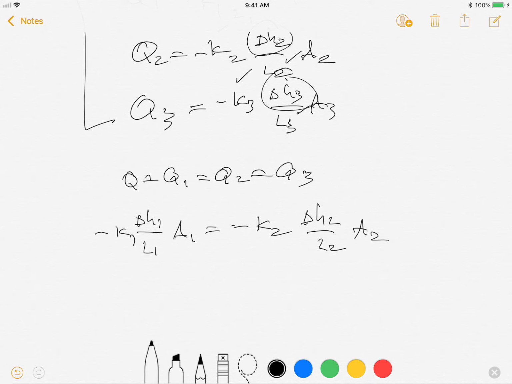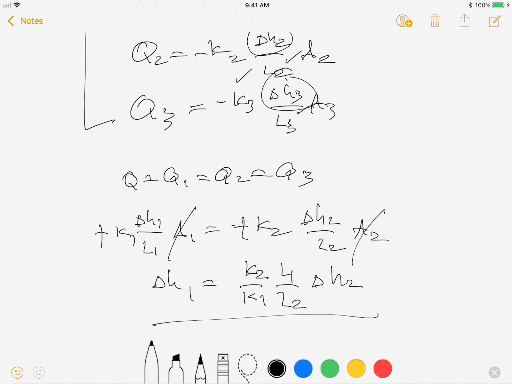The areas are all the same, so those cancel out, and both sides are negative, so they'll both be positive. So now delta H1 is equal to L1 divided by L2 multiplied by K2 over K1 multiplied by delta H2.